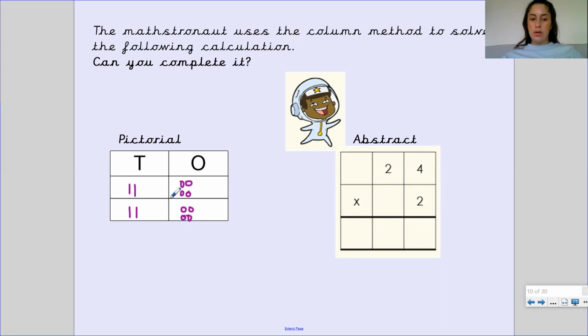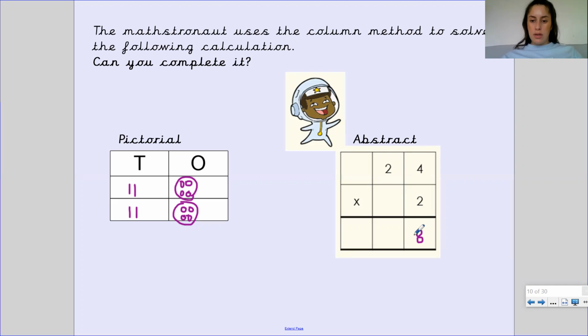And if we look on the pictorial side, adding these 2 together would be the same as 2 times 4, because we've got 2 lots of 4. So 2 times 4 equals 8, which I write in the ones column.